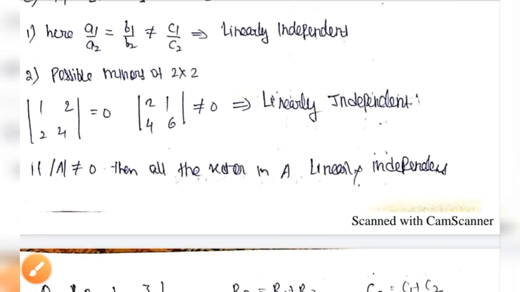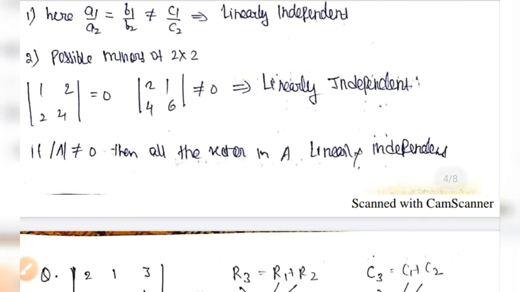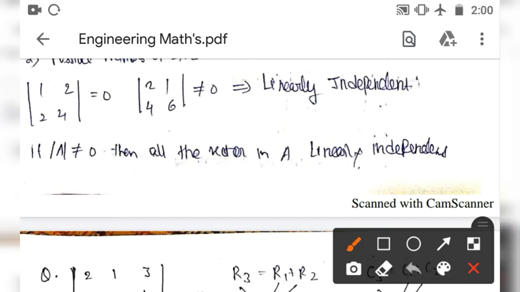And one more technique: if the determinant is not equal to 0, then all the vectors in A are linearly independent. So just find the determinant of the given matrix. If it is coming not equal to 0, by default you can tell that the given matrix is linearly independent.